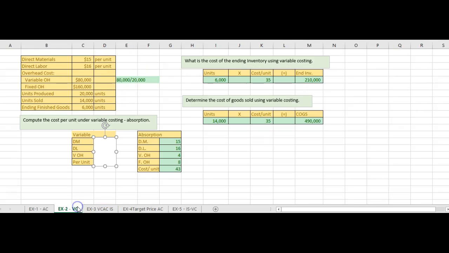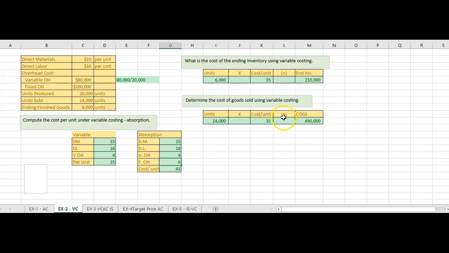Now, we're switching, though, to variable. And with variable, remember, we take that fixed and throw it out, and we don't include it in the per unit cost. So now everything's the same, except we don't have the factory overhead included in there. That's going to come out down in period cost, clear at the bottom of this income statement.